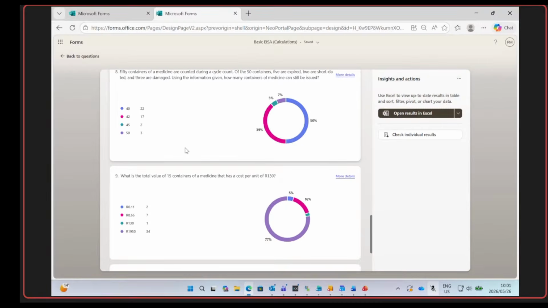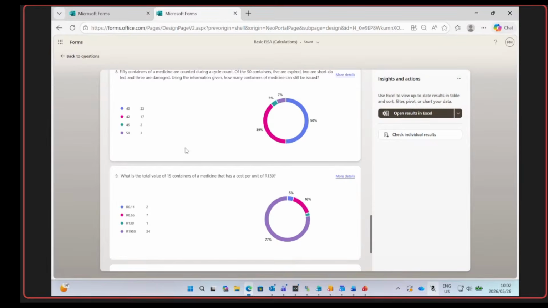50 containers of a medicine are counted during a cycle count. Of the 50 containers, 5 are expired, 2 are short dated, and 3 are damaged. Using the information given, how many containers of medicine can be still issued? So if you look at the descriptions, which medicines can we still issue?